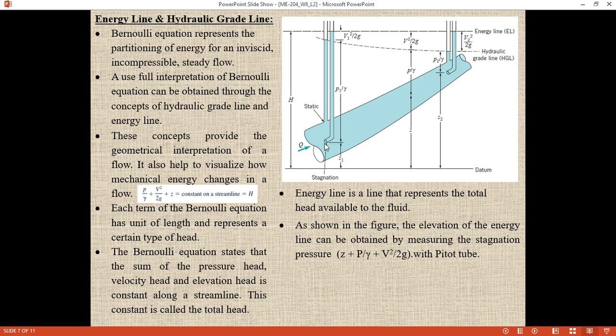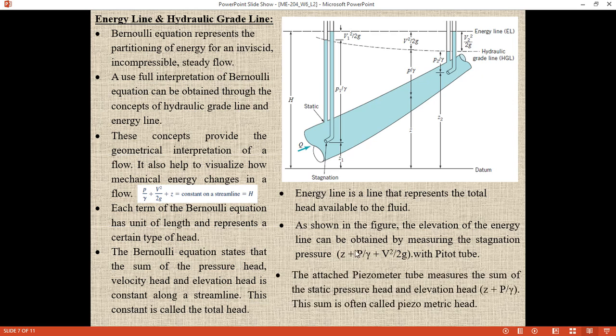So you see the pitot tube here at the inlet, a pitot tube here at the exit, and if you put some pitot tube in the middle you will get the same head, or the same column of fluid. So if you join all the lines you will get the energy line. The energy line can be obtained by using pitot tubes in a series along the flow line.